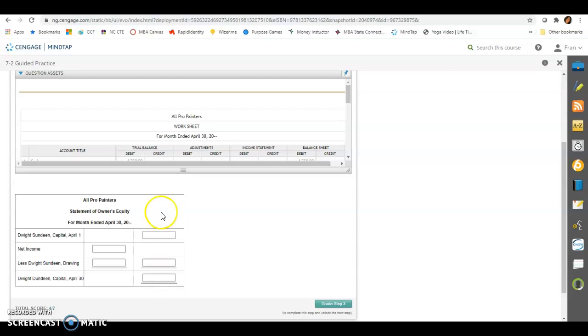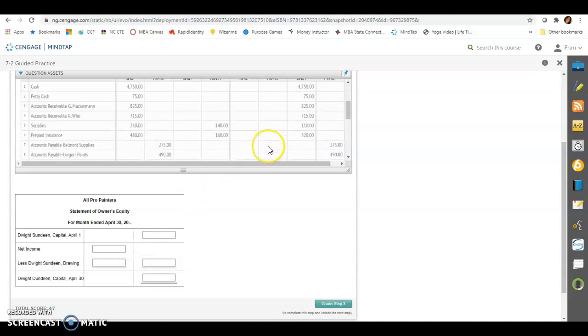At the beginning of the month, we're going to take that amount of money, take into account the net income and the drawing, and then figure out what their balance was at the end of the month.